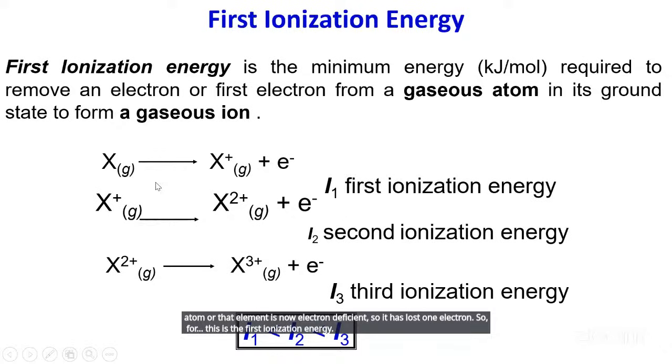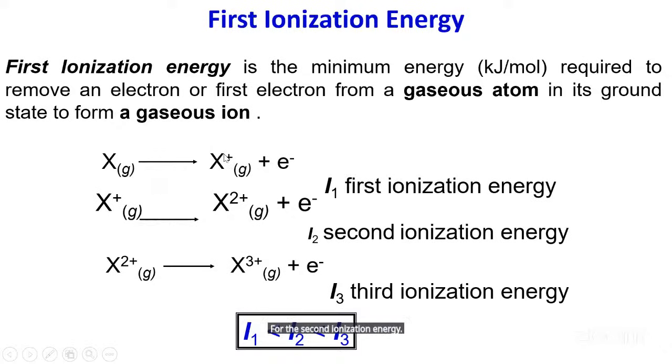For the second ionization energy, it's actually going to occur from this ionic element. So it's the gaseous ion from the first ionization energy that will undergo further loss to give us the second ionization energy.